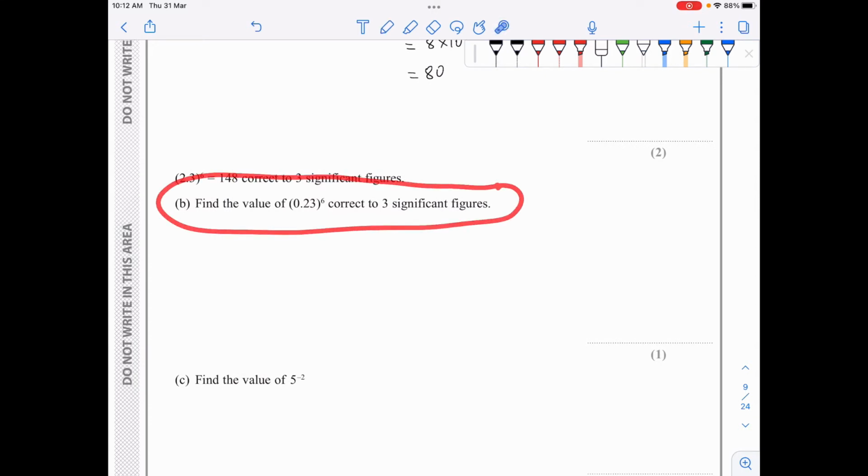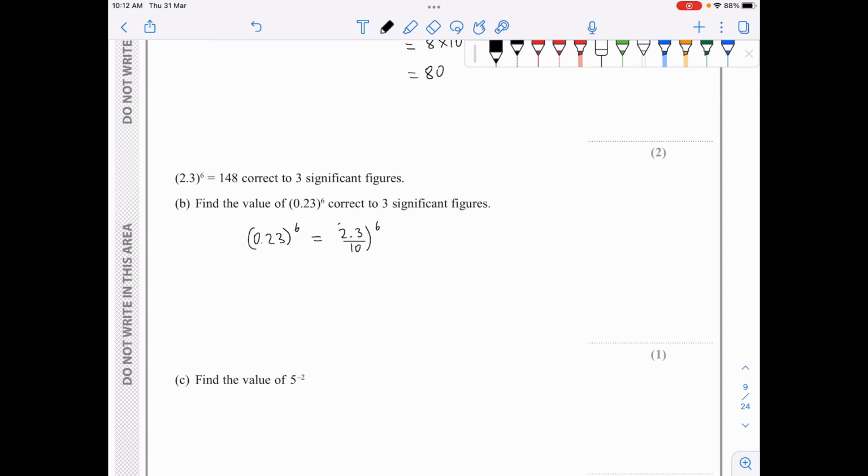Now, I will start by writing 0.23 to the power of 6 as 2.3 over 10, to the power of 6. Now, this is 2.3 to the power of 6 over 10 to the power of 6. 2.3 to the power of 6 is 148, and 10 to the power of 6 is 1,000,000.